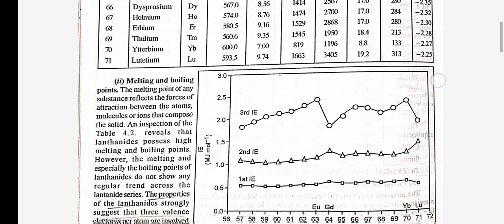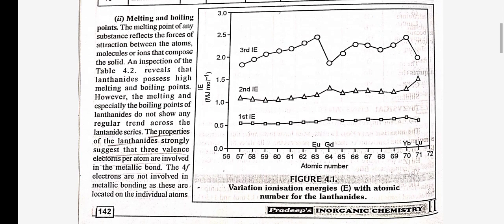The next is the melting point. The melting point of any substance reflects the force of attraction between the atoms, molecules, or ions that compose the solid. Section of Table 4.2 reveals that the lanthanides possess high melting and boiling points.